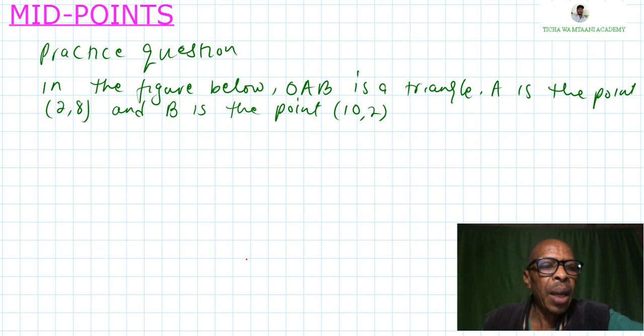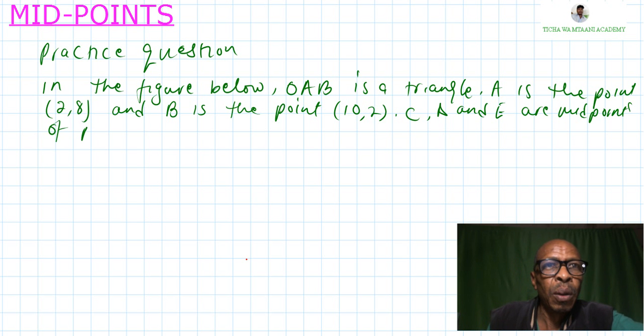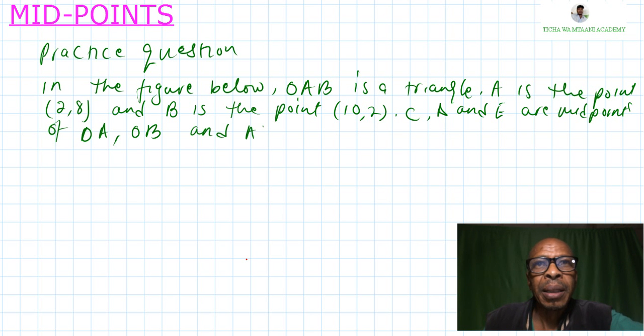Then you are told C, D, and E are midpoints of OA, OB, and AB respectively.